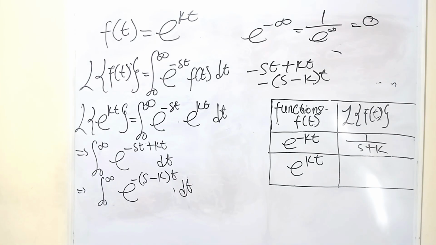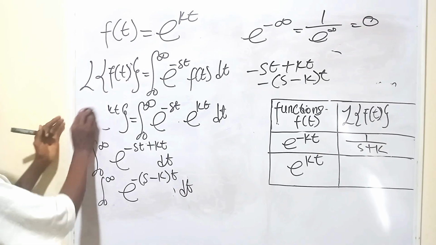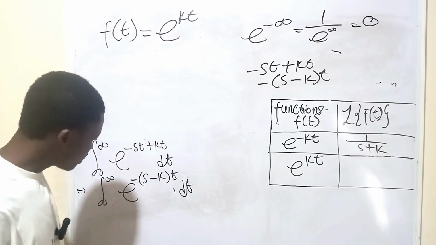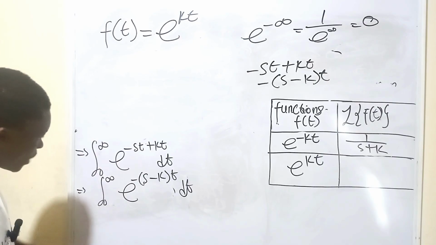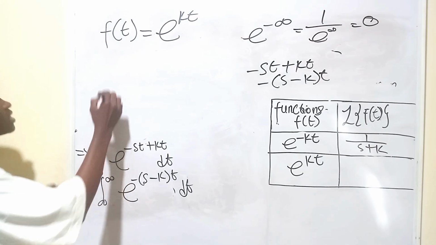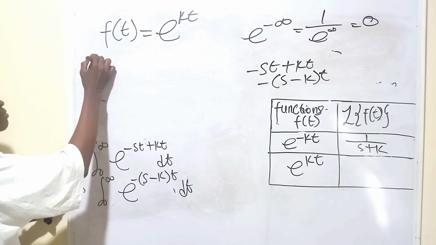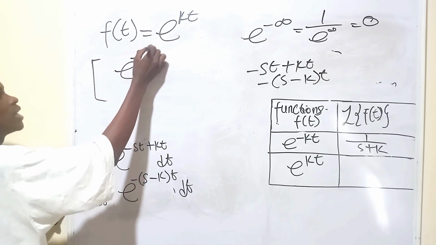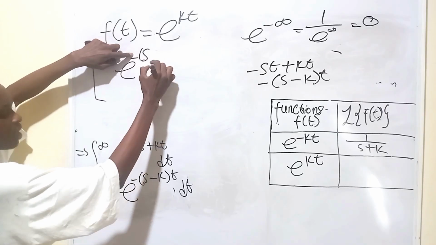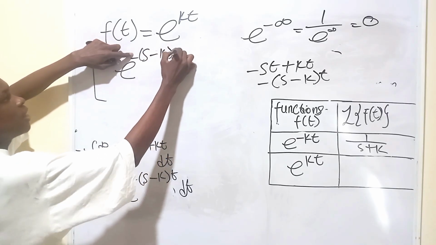All right, so let's proceed. So from here, clearly, what are we saying? If we integrate this, we'll have exponential negative s minus k multiplied by t.